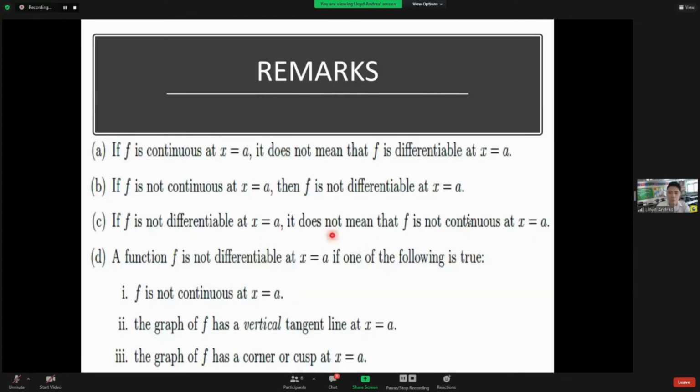Kung dili siya differentiable, pwede siya continuous, pwede po dili. Next, if f is not differentiable at x equals to a, again, a function f is not differentiable at x equals to a if one of the following is true. Dili differentiable kung naa sa isa ani.